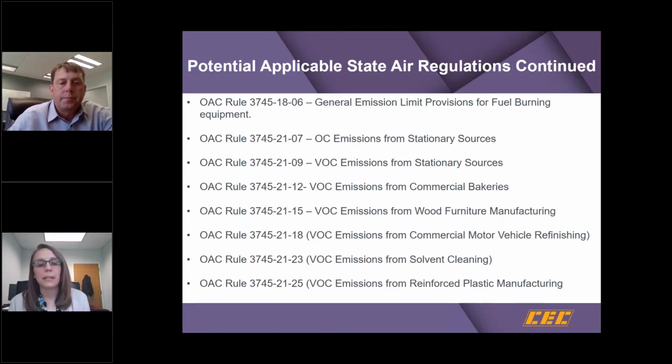So this is going to be the rule that's a little bit more source specific as you get down into the rule. So 1707 looks at emissions of OC from a wide variety of stationary sources, and 2109 does the same for volatile organic compound emissions.